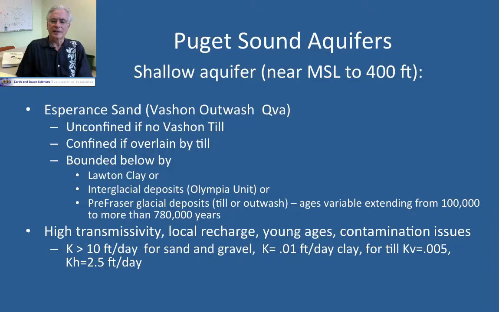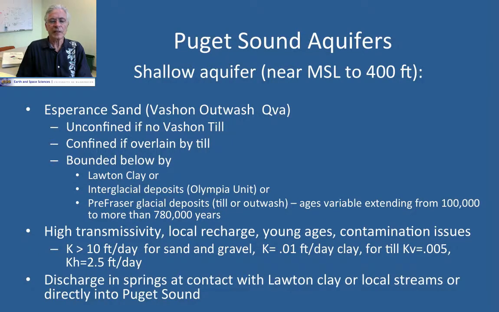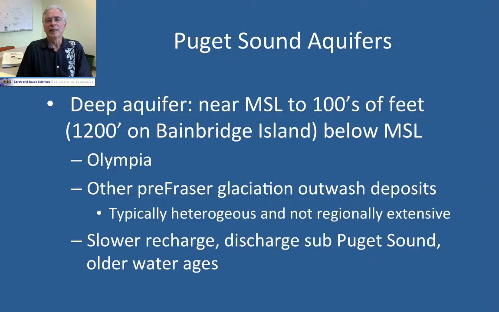Now the till does seem to have a higher horizontal conductivity. Discharge from the shallow aquifers tends to be in springs at contacts with the Lawton clay around the Seattle area, or it discharges into local streams, or in some places directly into the Puget Sound.